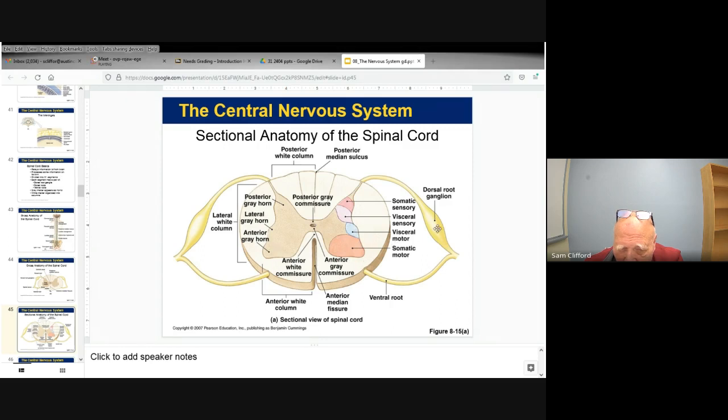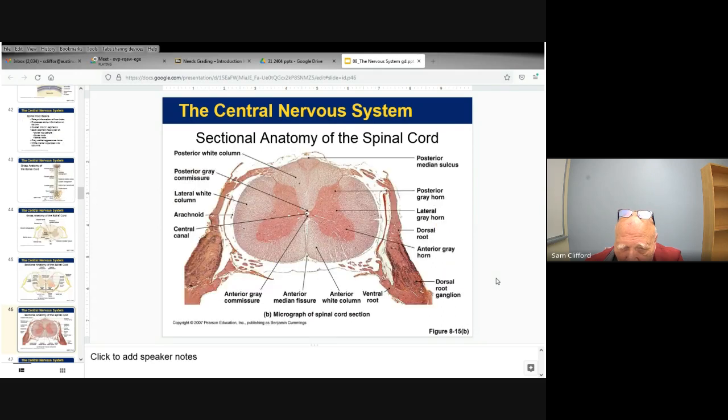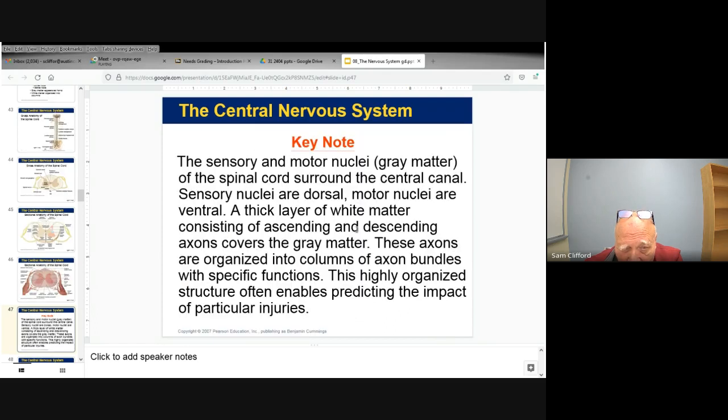So afferent input comes in here, efferent output goes here. We can look at a slide of a spinal cord. You'll have questions in WebAssign where you'll have to identify all these structures. They're pretty straightforward. So make sure you take a look at this and the previous image.